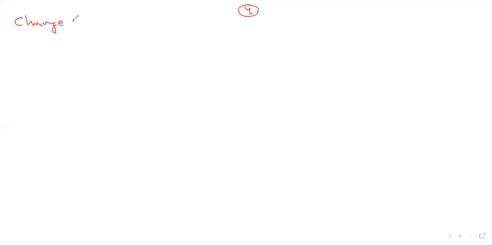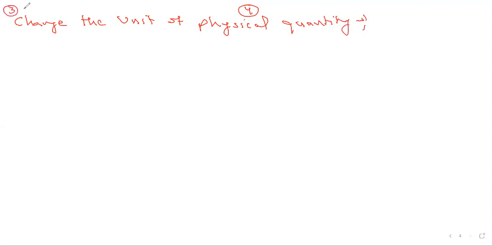Change the unit of the physical quantity. This is your application number 3.